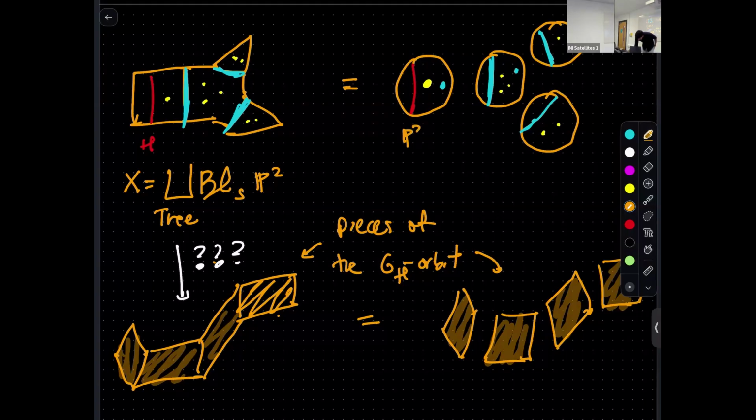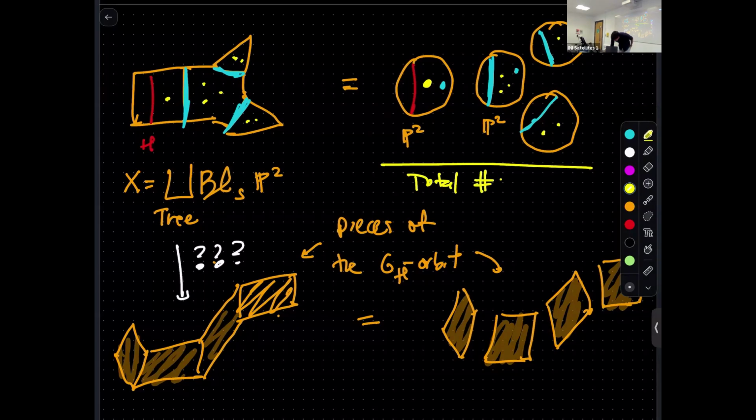This is our P2s, and this is our P2s. The total number of points is still equal to n, but the number of points in each of them is smaller, strictly less than n for each of them.